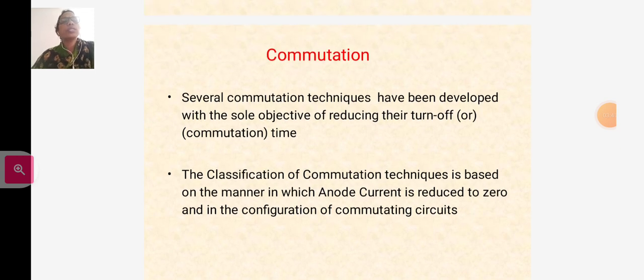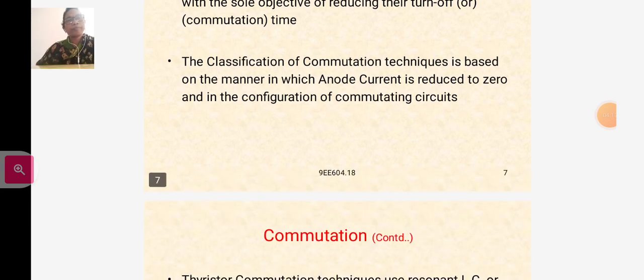Several commutation techniques have been developed with the sole objective of turning off the thyristor. Turn offs are what we call commutation. The classification of commutation techniques is based on the manner in which the anode current is reduced to zero and on the configuration of the commutating circuits.